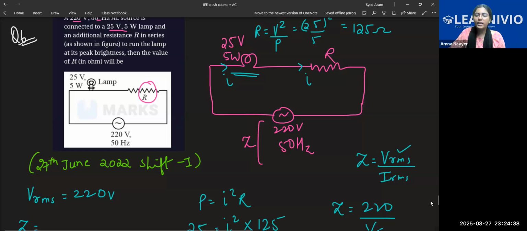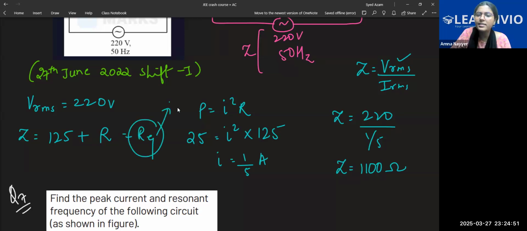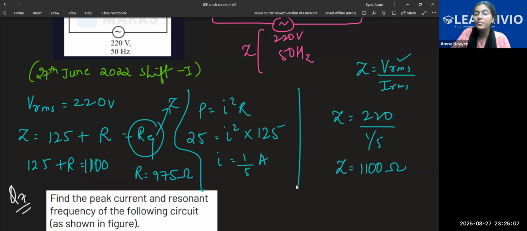This R plus 125 is equal to R equivalent. This time your R equivalent is Z. So 125 plus R will be 1100. So R will be 975 ohms. Got this question? Yes, ma'am.